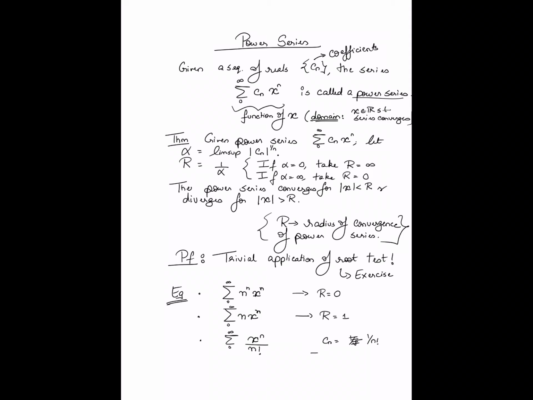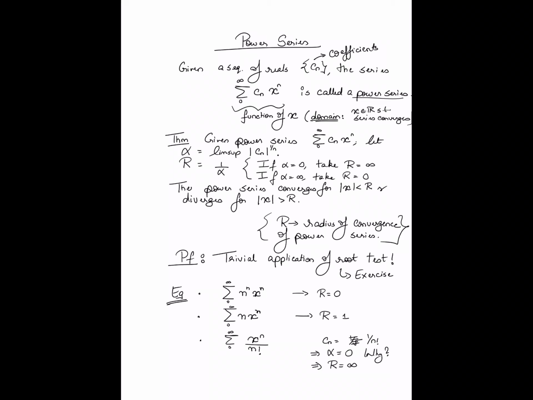It turns out in this case that alpha is in fact 0, which implies that the radius of convergence is infinity. Okay, again I leave it for you to show why that's the case. It boils down to something similar to what we have talked about before, which is that the nth root of n factorial tends to infinity, which implies that alpha tends to 0. Okay, but again I leave that formal justification to you.